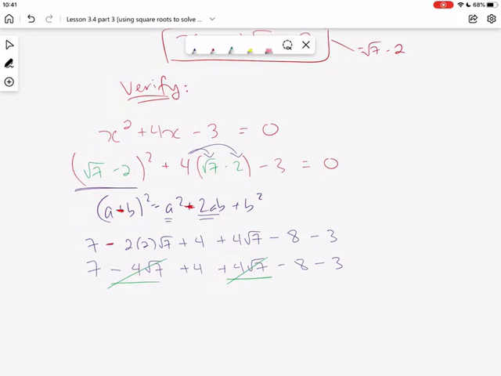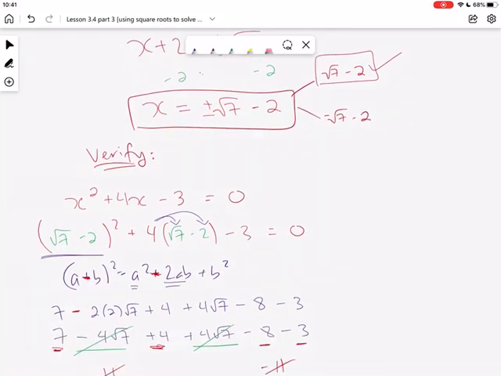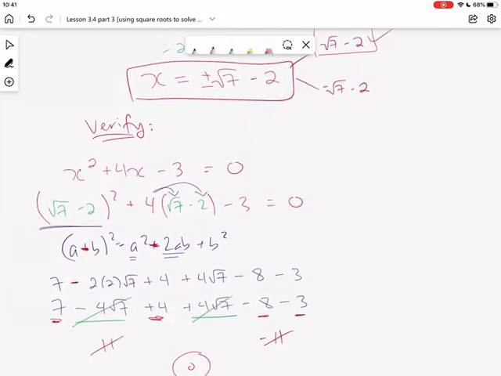Then I have 7 plus 4. So that's these two guys. So 7 plus 4, that gives me 11. And then I've got take away 8, take away 3. Well, that's actually just negative 11, isn't it? So that means that these cancel out, okay? And that, in fact, takes me to 0. So this first solution, we just verified. So this one works, okay?